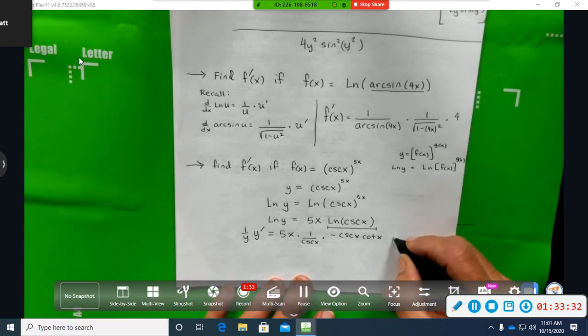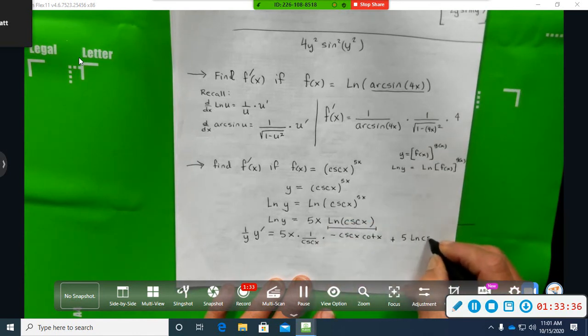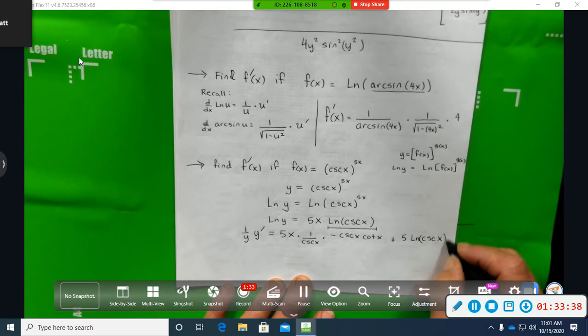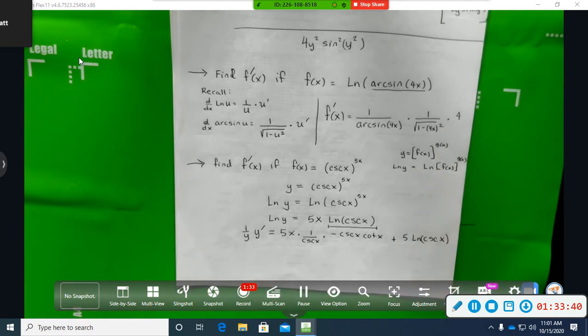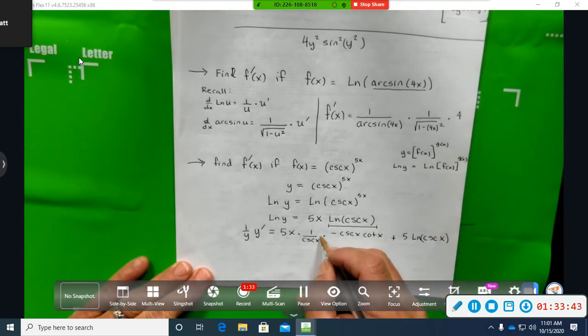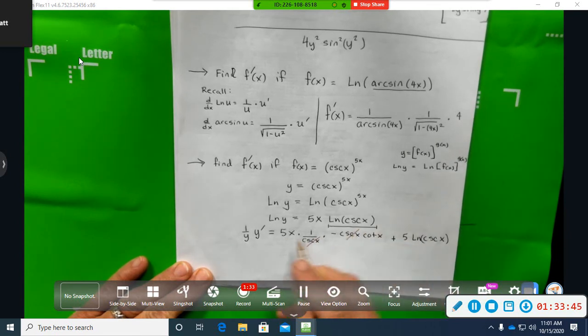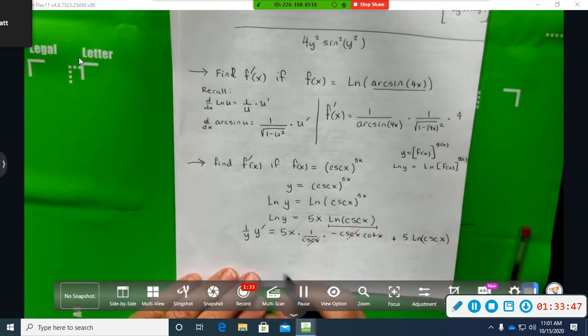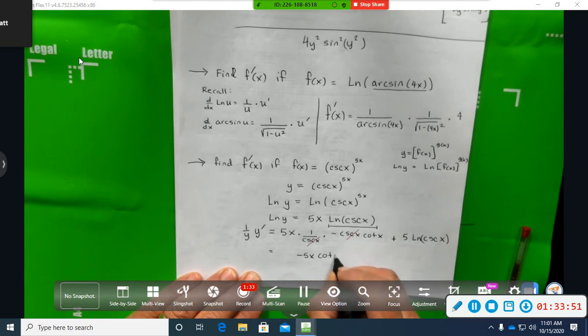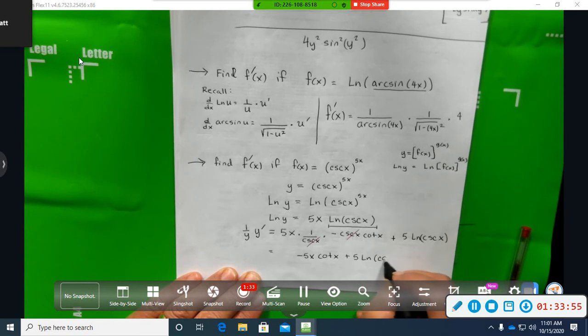Now the other part of the product rule is the derivative of the first one times the second. And conveniently enough, one of those cosecants cancels. So I can write my first term as minus 5x cotangent of x plus 5 natural log of the cosecant of x.